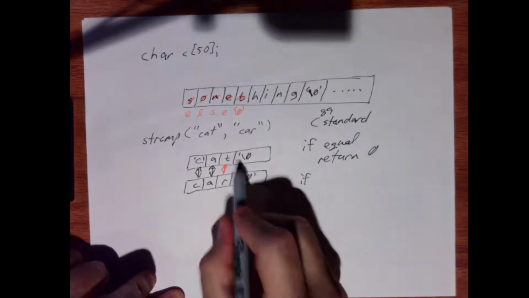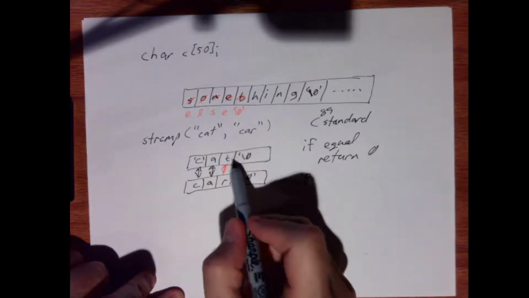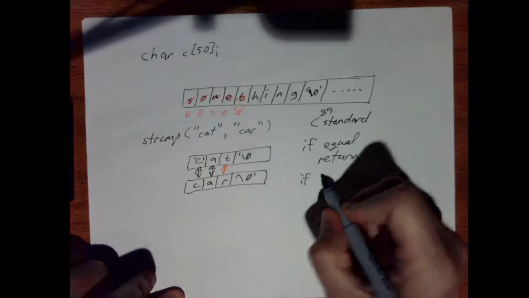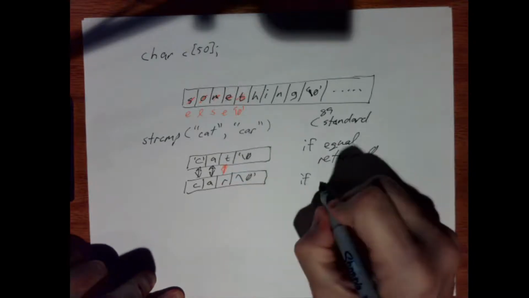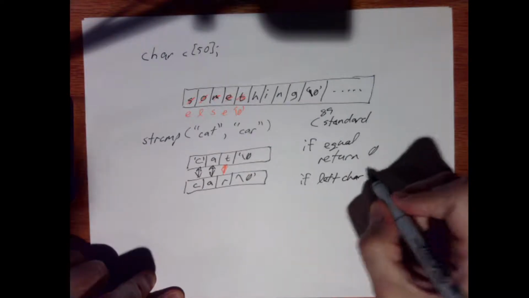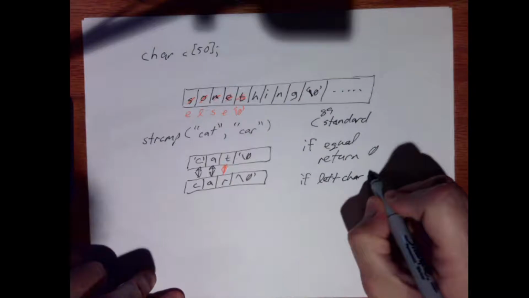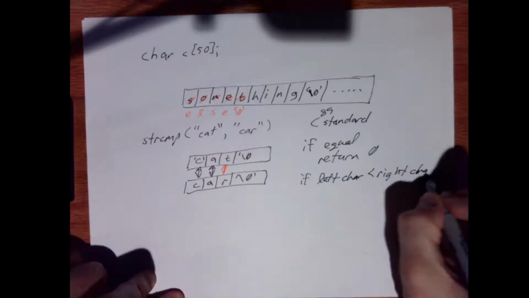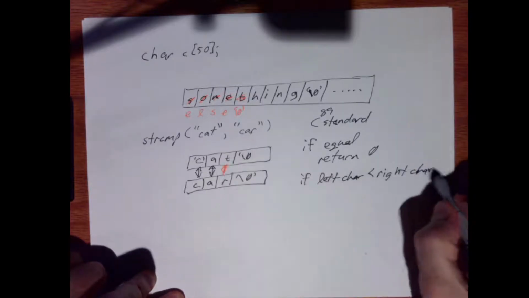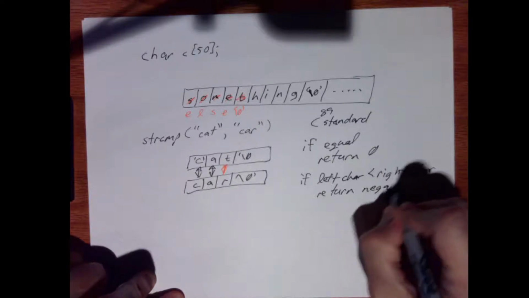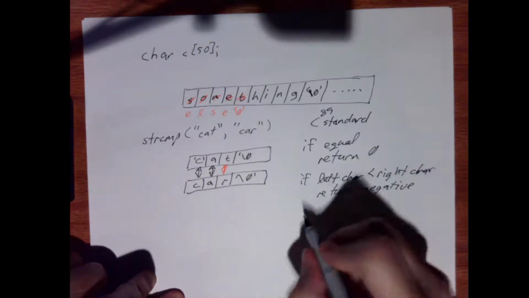If the left character, like in this case the T, comes before the right character, meaning it would have a lower value, is less than the right value, because it's comparing ASCII values, return negative, that is some negative number.